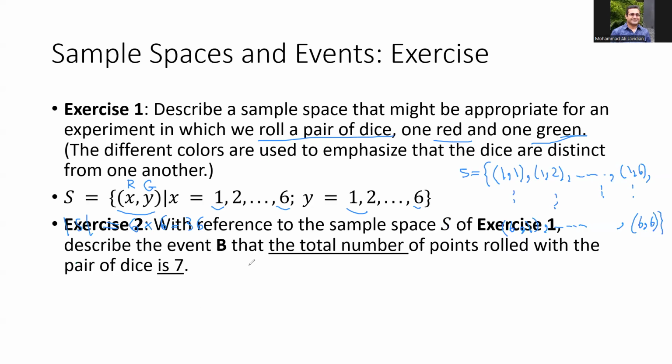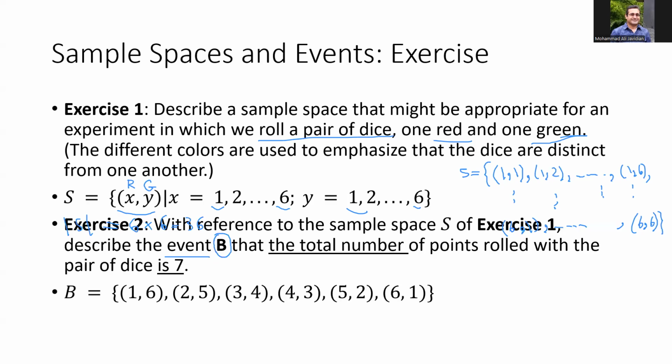Assume that we are interested in an event that shows the total number of points rolled with the pair of dice, and that total number is 7. In that case, you can see that the event B has only 6 elements: 1 and 6, 2 and 5, 3 and 4, 4 and 3, 5 and 2, 6 and 1.